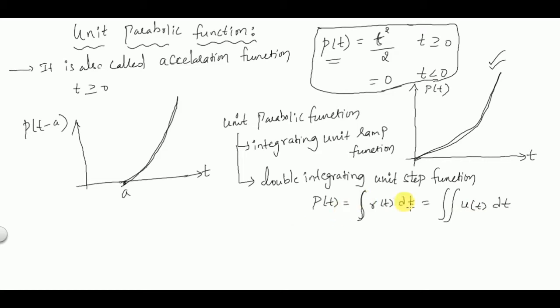Similarly, if you write the reverse relationship, the unit ramp function is obtained from the derivative of the unit parabolic function.